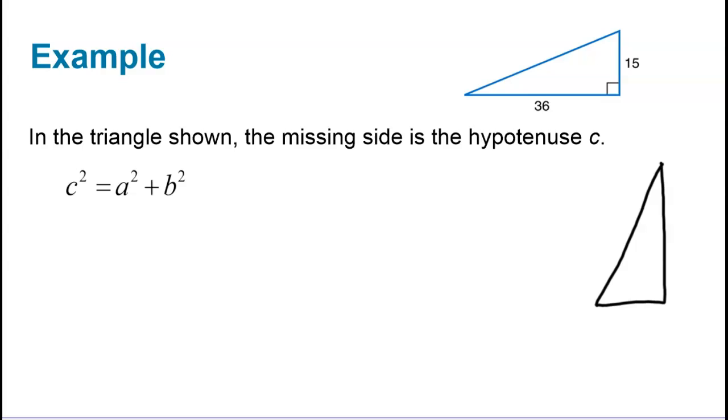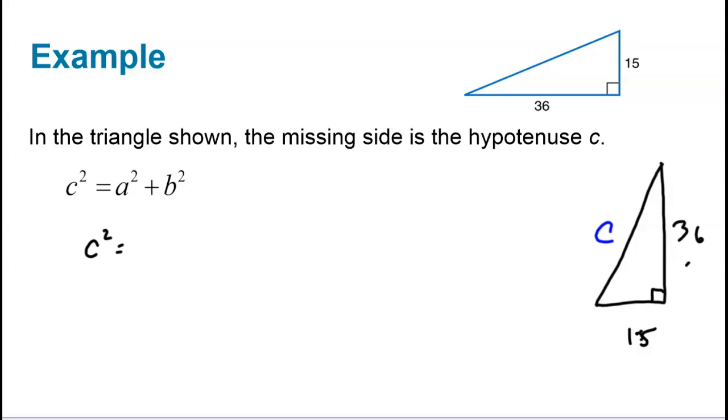The standard form would put our 90-degree angle here, and our shorter side would be 15, and our longer side would be 36, which means that we are looking for c, which is the hypotenuse. Knowing that we have a and b, and these sides are interchangeable, in this case we'll go ahead and solve.